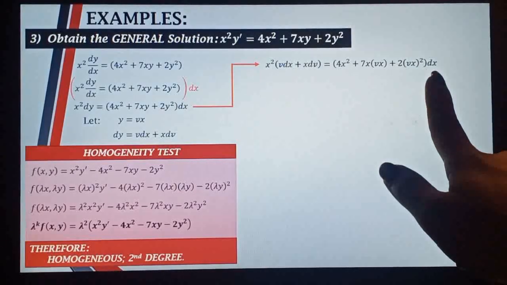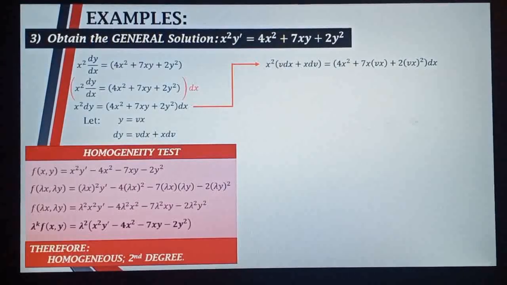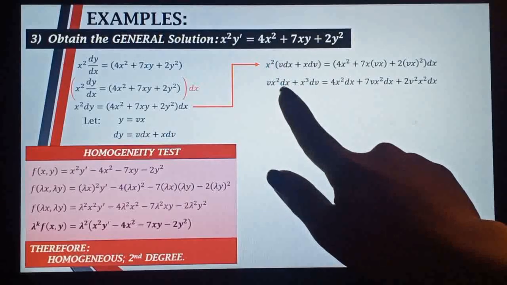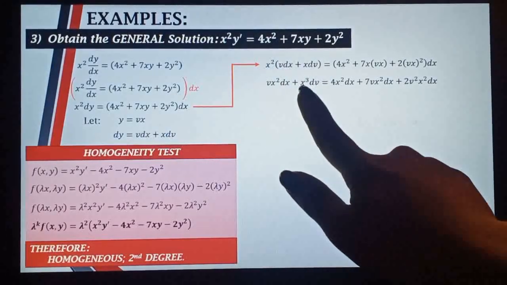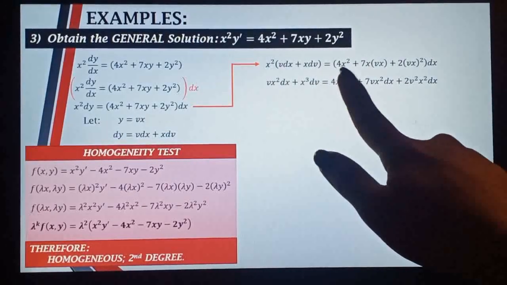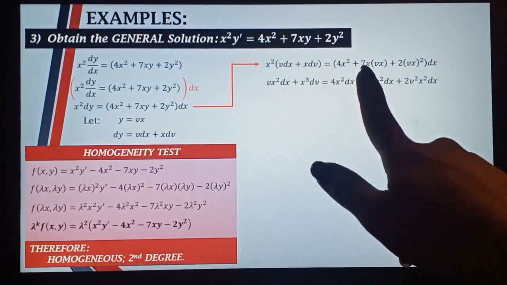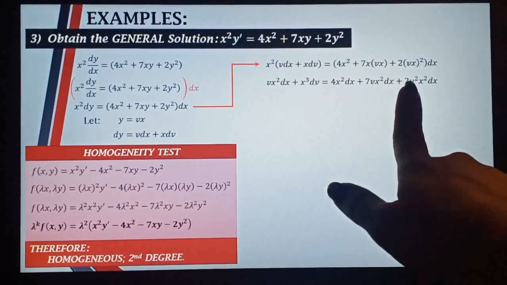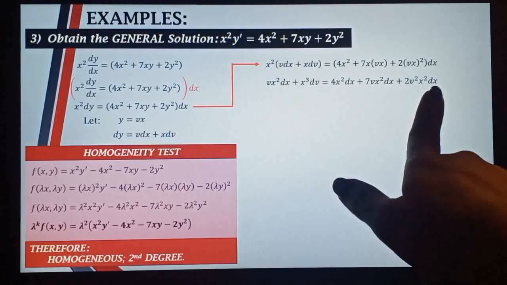Now simplifying this equation by distributing each term, you will now have vx² dx plus x³ multiplied to dv equals 4x² dx plus 7x² v dx plus 2v² x² dx.